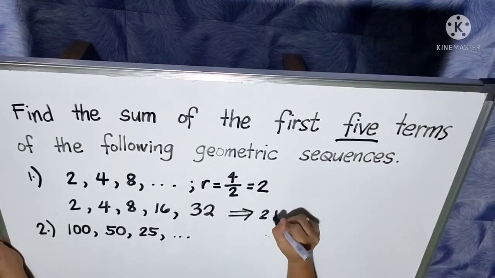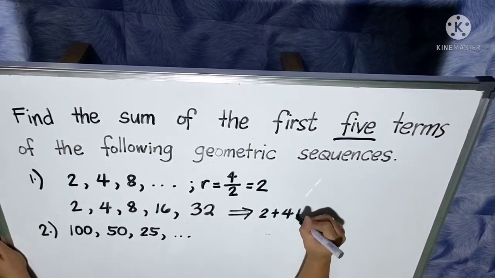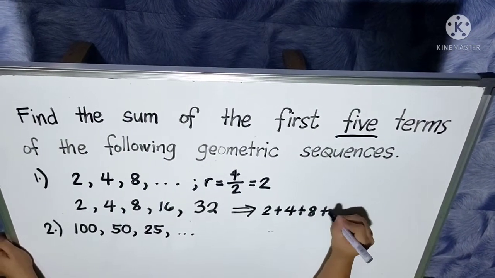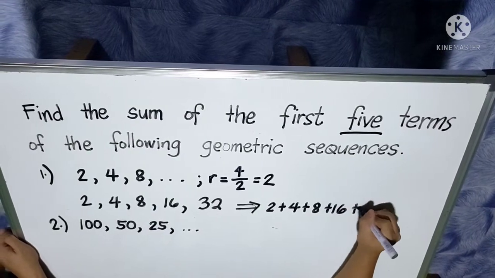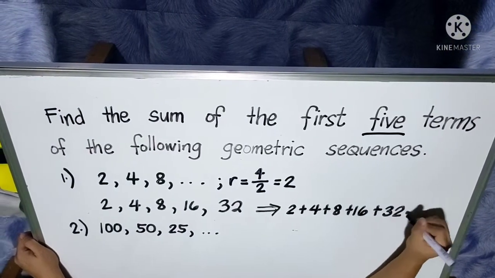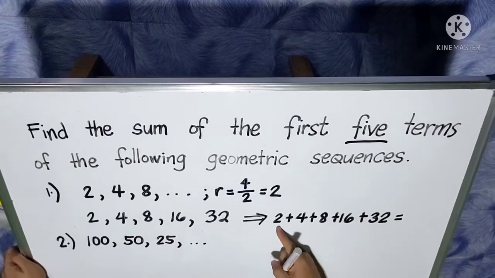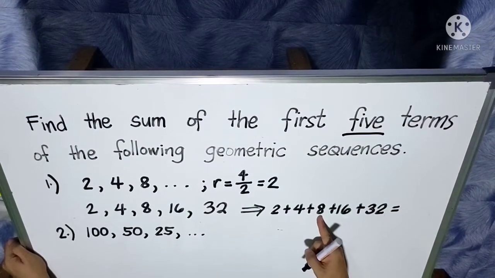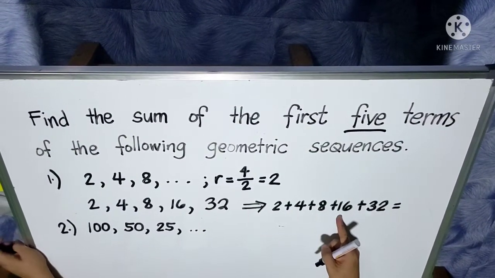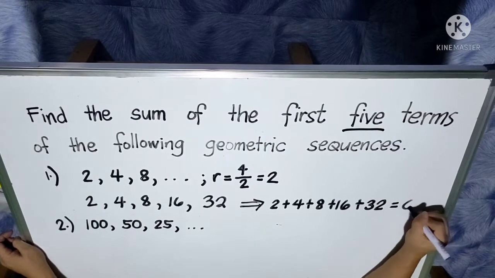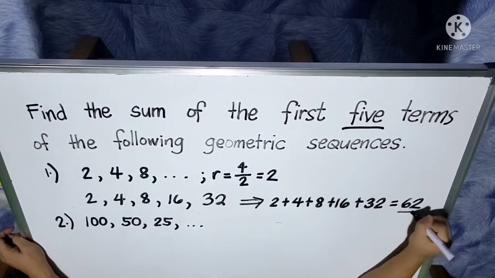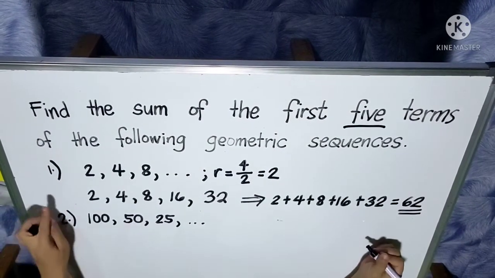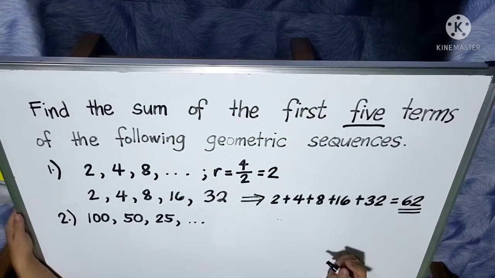So 2 plus 4 plus 8 plus 16 plus 32 is equal to 2 plus 4 is 6, plus 8, 14, plus 16 is 30, plus 32 is 62. So the sum of the first 5 terms of the given sequence is 62.